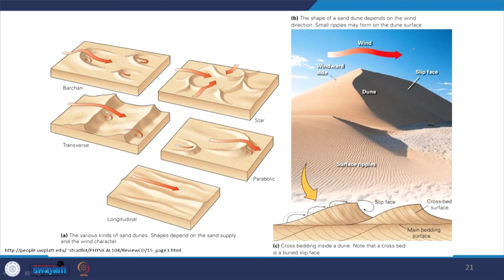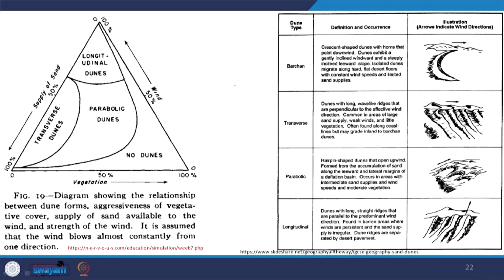And if you summarize it here, there are different types of dunes depending upon the wind directions and the sand supply, but irrespective of its nature, after migration also the internal structure of the dune remains constant. Here I can conclude that we have wind 100%, vegetation 100%, and sand supply 100%.